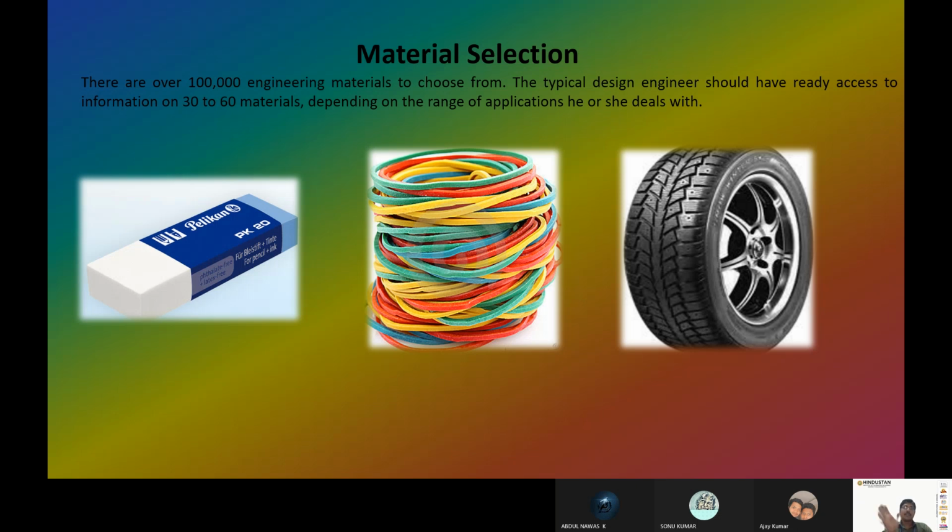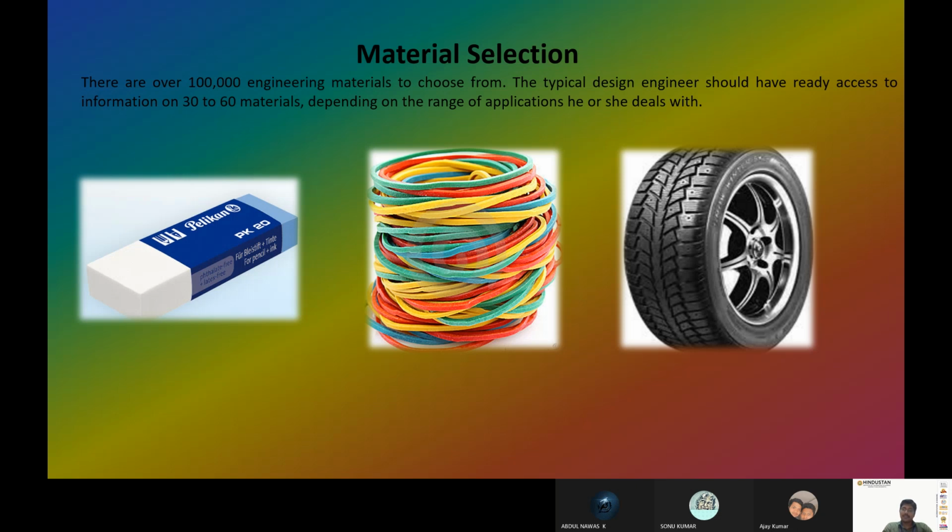See all these three materials. If I ask, what is the name of the material used here? A rubber. The first one is also a rubber. The second one, rubber. And the third one, the tire, is also a rubber. But there is a difference. The first one is like an eraser.